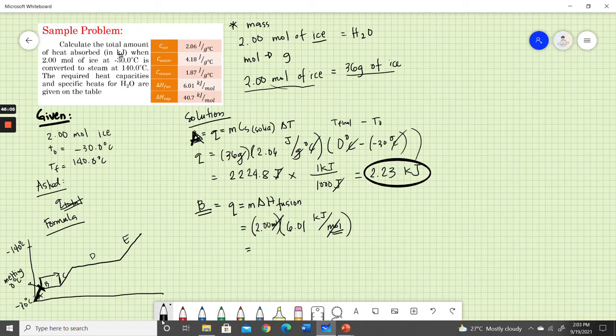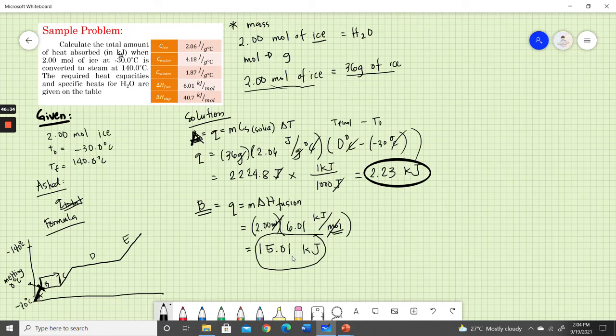Okay, and this is equal to 15.1 kilojoules. So this is our, let me just write that properly, 15.01 kilojoules. So this is our answer in B.